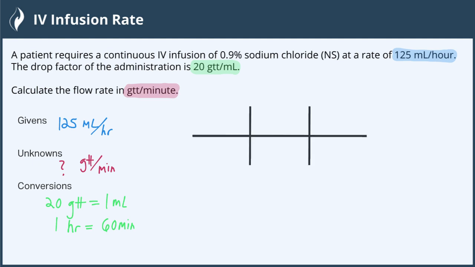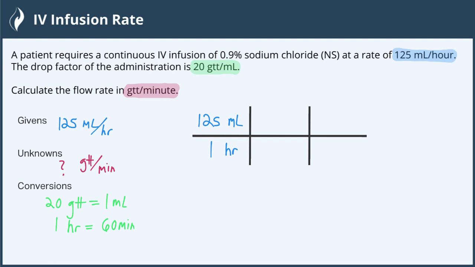So now we can set up our conversion table, our dimensional analysis. We start with the fact that there's 125 milliliters given every 1 hour. Then we have our first conversion rate, which is that there's 20 drops in 1 milliliter. So in order to work with that, we're going to decide where do the drops go, where do the milliliters go?